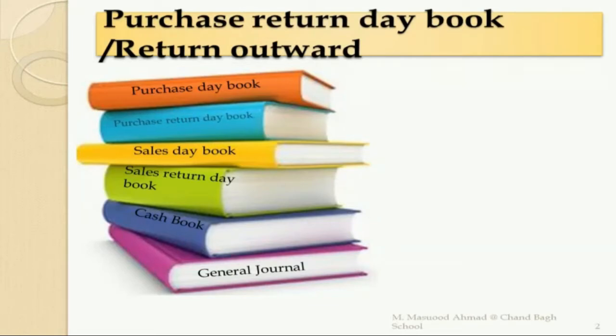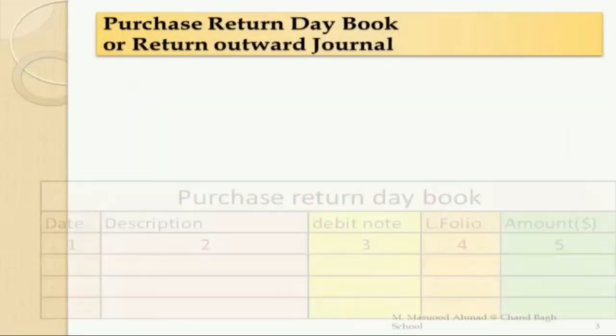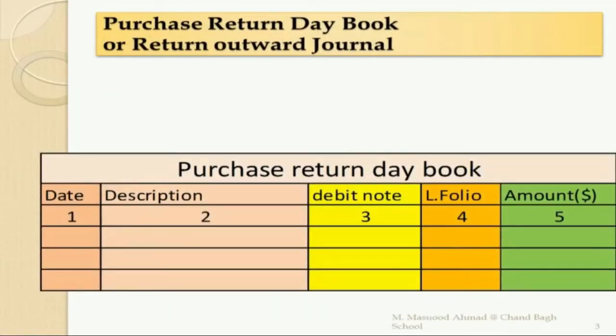Dear students, let's have a look at the format of the Purchase Return Day Book. Basically, it is similar to the Purchase Day Book, as you can see from the picture below. The first column is date. The second column is for description or particulars, the name of the party, the name of the creditor.